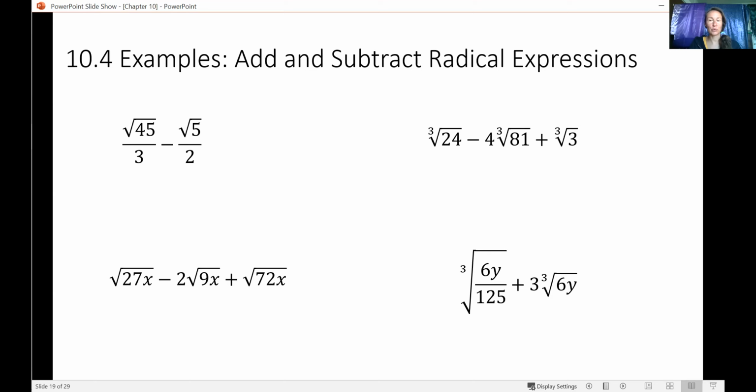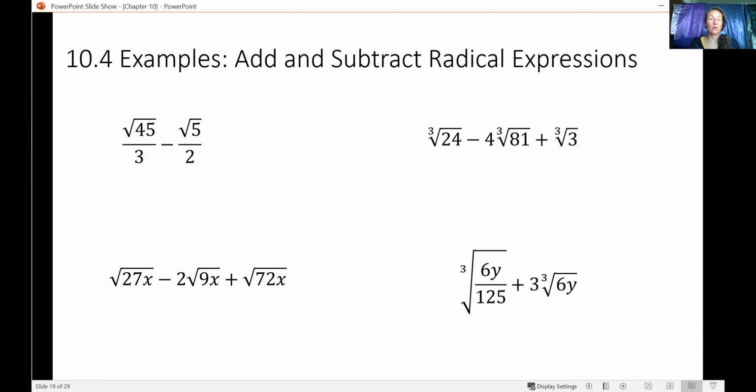Let's come over to our whiteboard, and I'm going to do these 4 examples for you guys so that you can get an idea of how to add and subtract radical expressions. And for the most part, when we are adding, subtracting, or multiplying radical expressions, really what we're doing is simplifying. Okay, so there's lots of different ways to simplify.